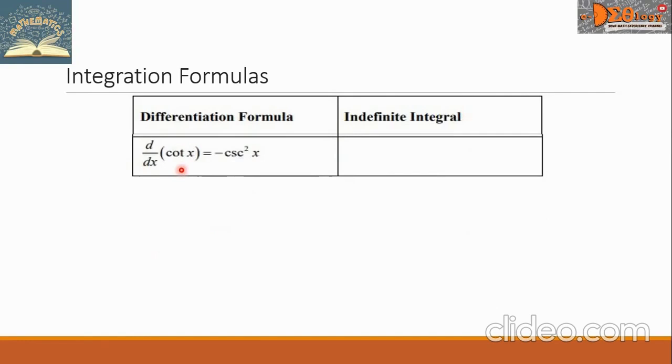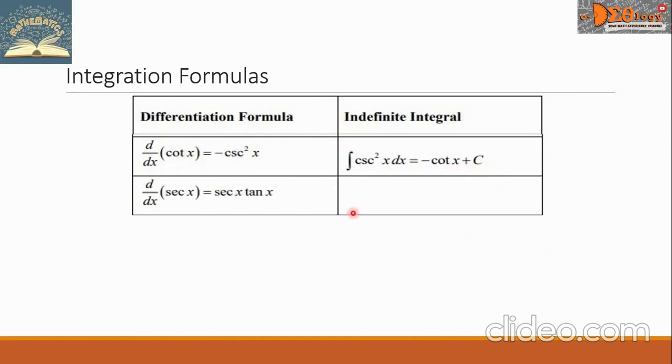The derivative of cotangent x equals negative cosecant squared x. The integral of cosecant squared x dx equals negative cotangent x plus c. The derivative of secant x equals secant x times tangent x.